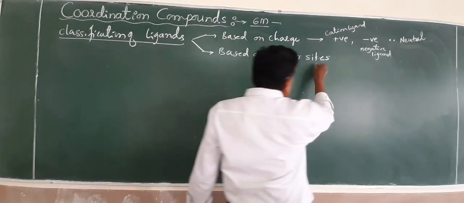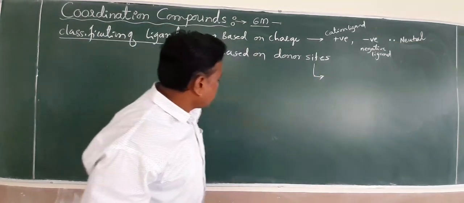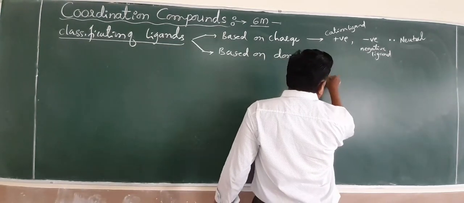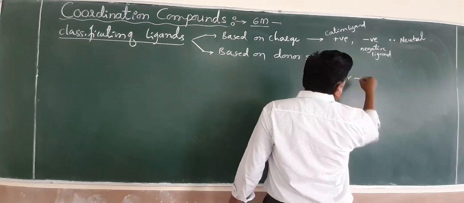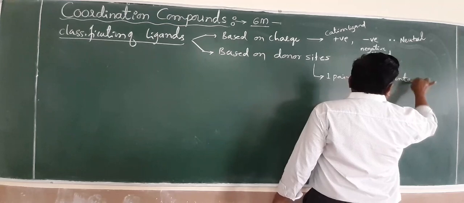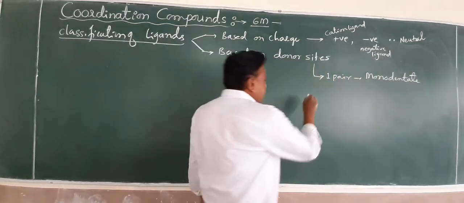And based on the donor sites, it is how much they are ready to donate a pair of electrons. If they donate a single pair, we call it a monodentate ligand.